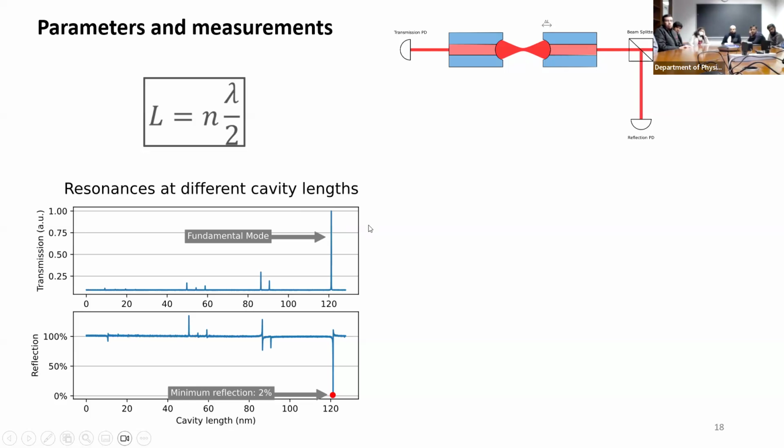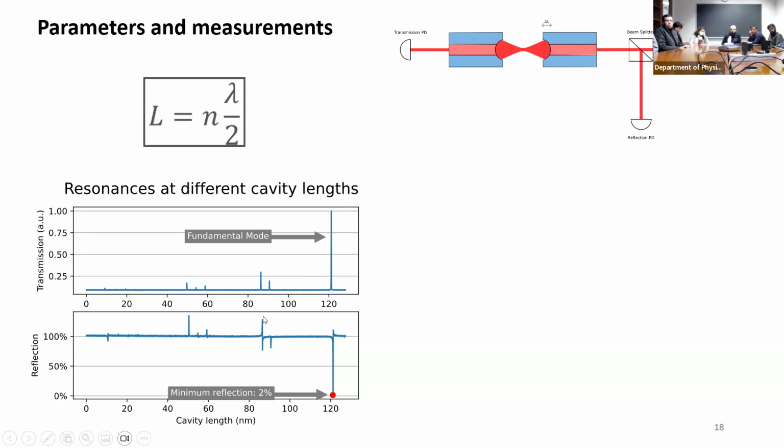And the normalized transmission peak is corresponding there. You may question, because I was questioned this by one of the professors there, why is the light going more than 100%? That's because this reflection I'm mentioning is according to the background count that I'm getting here. The light I'm sending in is more than this.